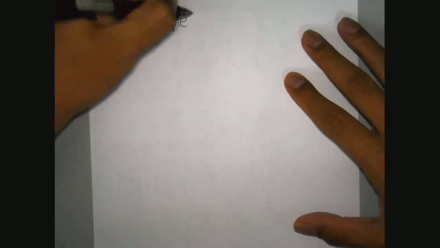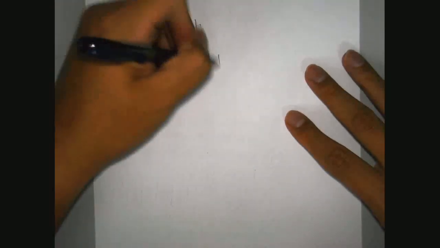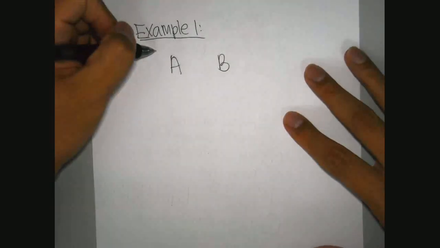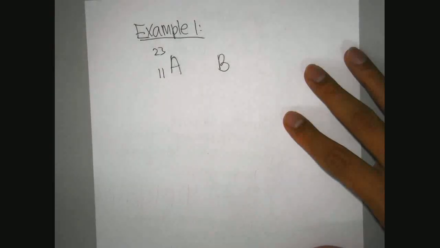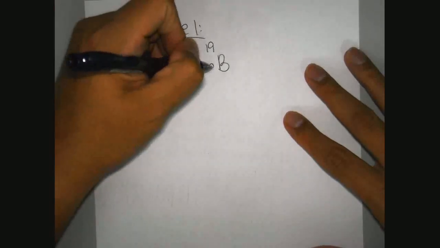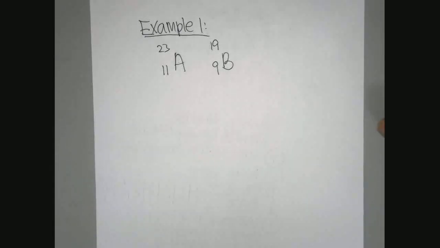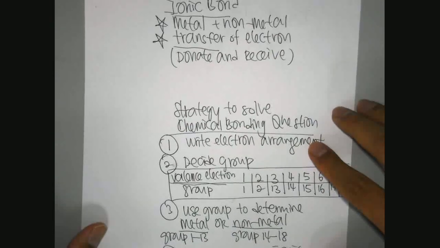Example number 1 gives us two substances, substance A and substance B. For substance A, the numbers given to us are 23 and 11. For substance B, we are given 19 and 9. Let's start with this. First of all, follow the flow.